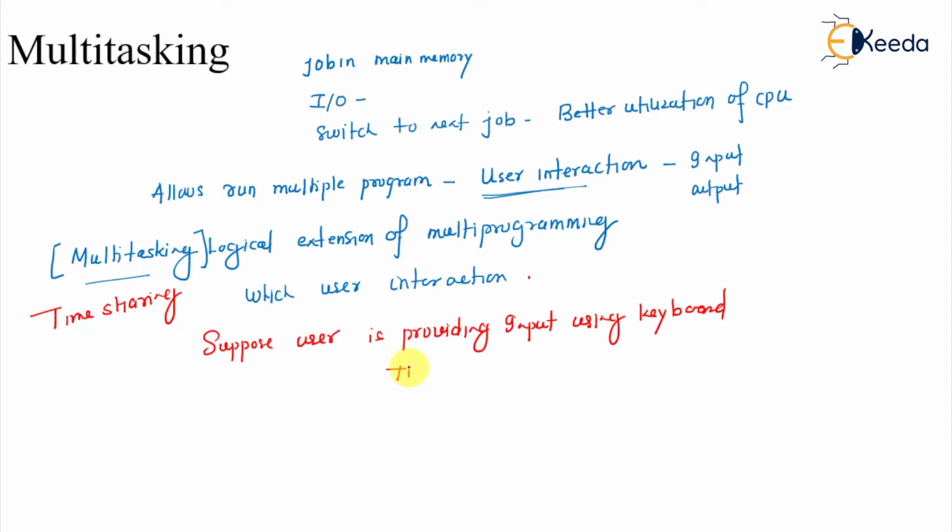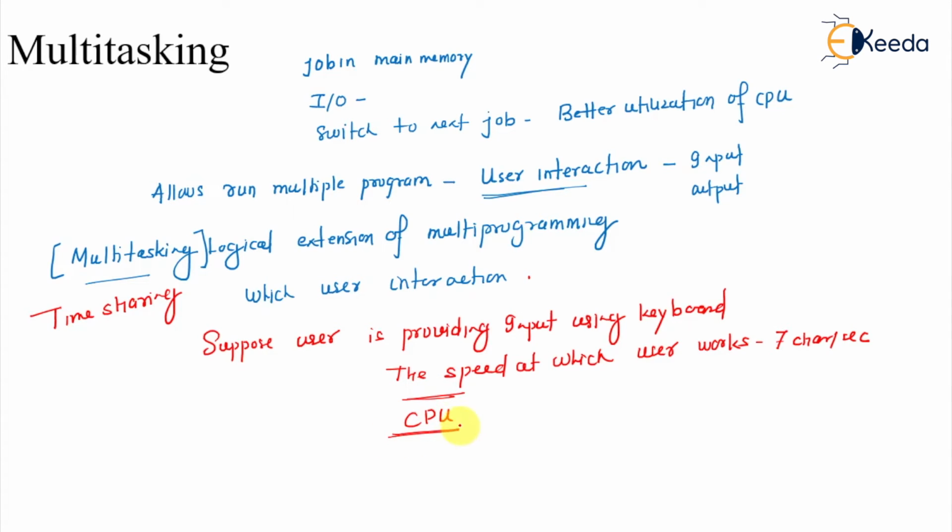The speed at which the user works, like here 7 characters per second, is really very slow compared to your CPU.